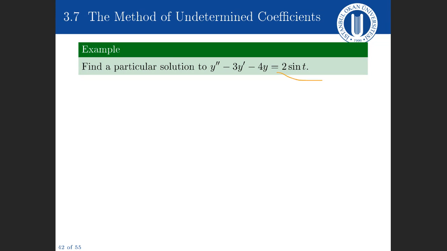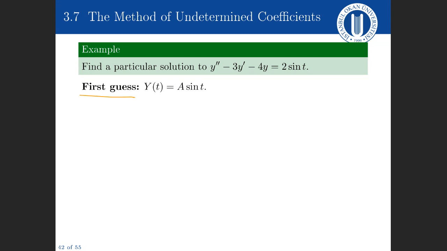Now our function is a number multiplied by sine t. So it makes sense to try the ansatz, a number multiplied by sine t. And this is going to be my first guess.